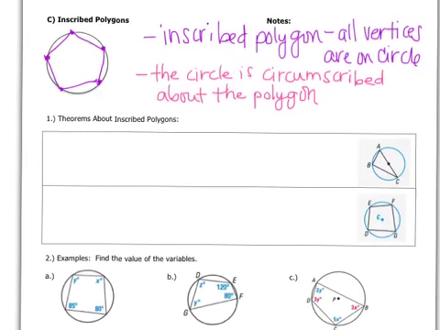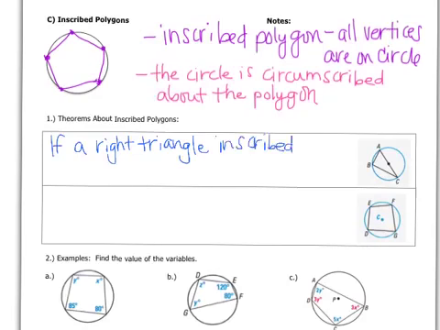The first one says that if you have a right triangle inscribed in a circle, which you can see in the picture you have, then the hypotenuse is the diameter.